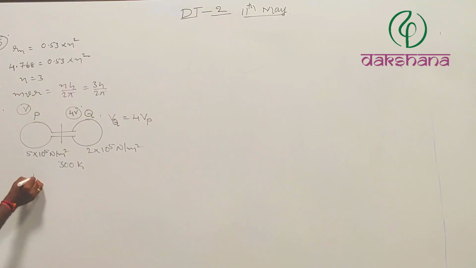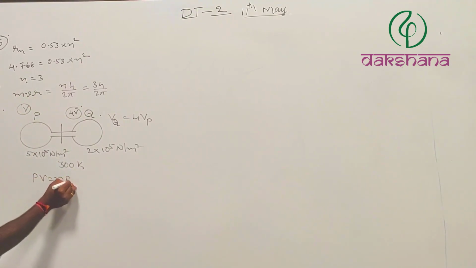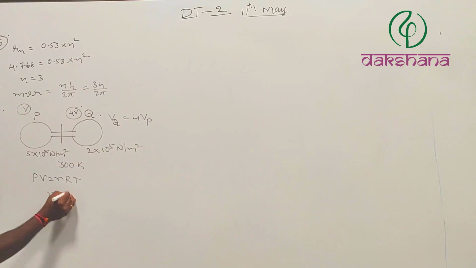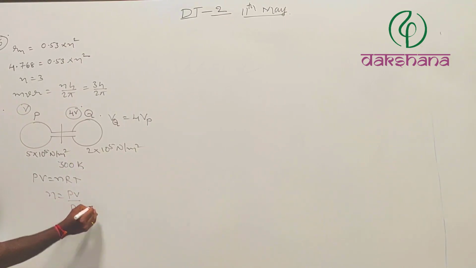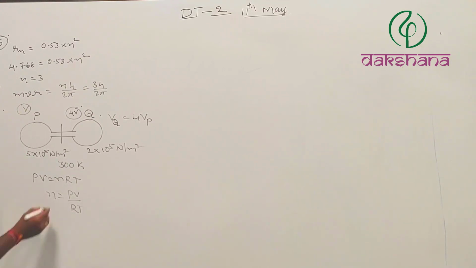Now, as we know, PV is equal to nRT, so n is equal to PV divided by RT. Whenever you see these types of problems, we keep telling you there is the law of conservation of moles. Initial number of moles is equal to final number of moles.